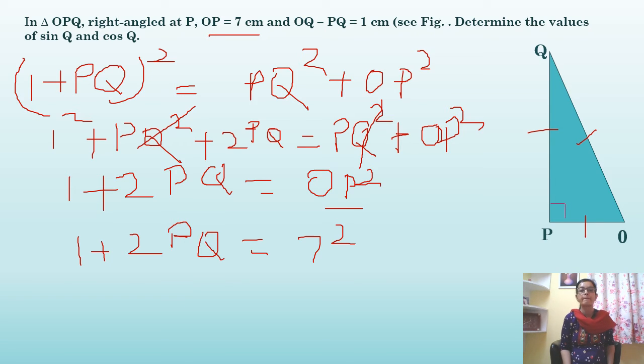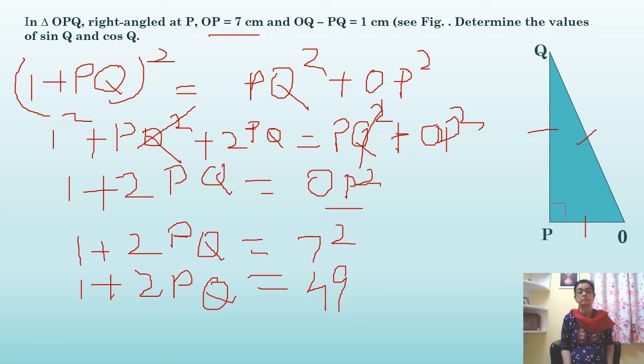Now 1 plus 2PQ is equal to 49. Here we'll write that OP is equal to 7 centimeter.